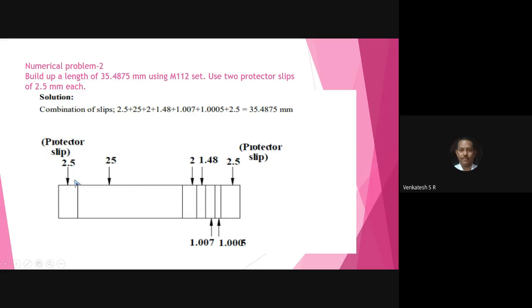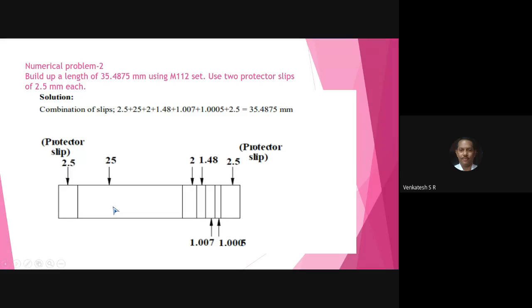Observe here, the 2.5 slip gauge. It is called a protector slip gauge. This is used in order to protect the main slip gauges, in case while using the slip gauges or the ringing phenomenon, anything happens to the surface. Then there may be a problem on the surface, and you will not get the ringing effect.